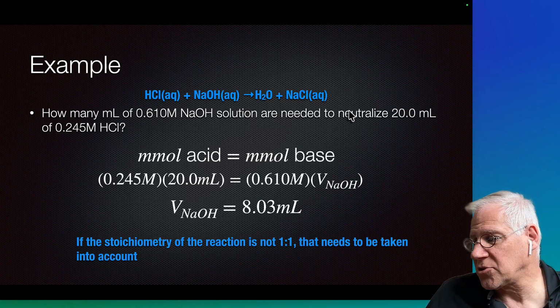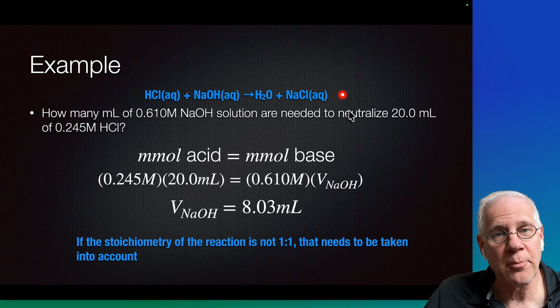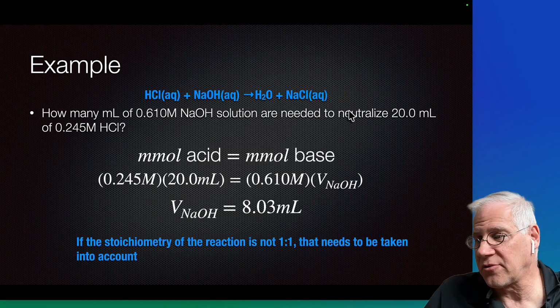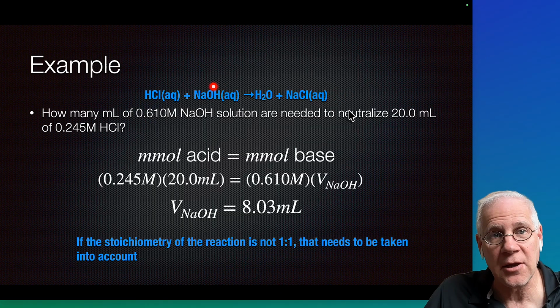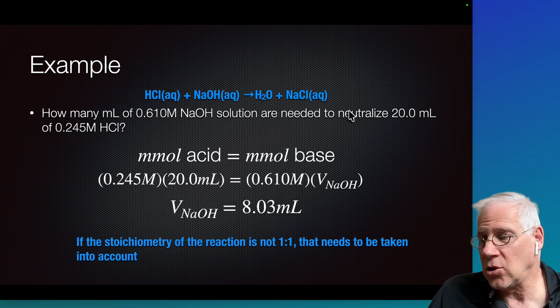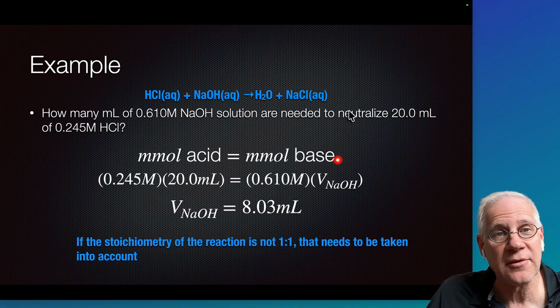Now, if you have a stoichiometry up here coming from your balanced reaction that's not 1-to-1, notice that we have a 1-to-1 HCl to NaOH. If you have a polyprotic acid or a polybasic base, then your stoichiometry in this equation is going to be a little bit different. So you always have to take that into account.